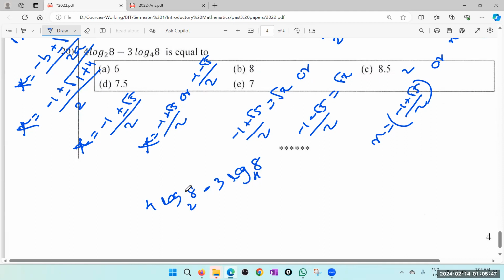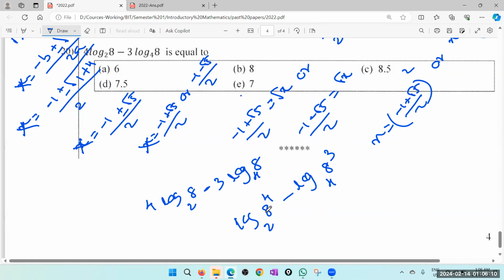Then maybe we can convert it to a common base or to a different base. So log 2 of 8 to the power 4 minus log 4 of 8 to the power 3. So the answer must be a whole number or something, there's no log.